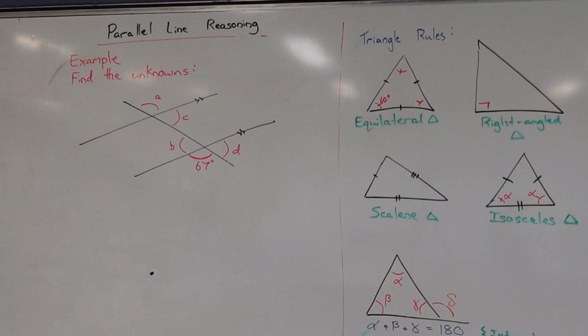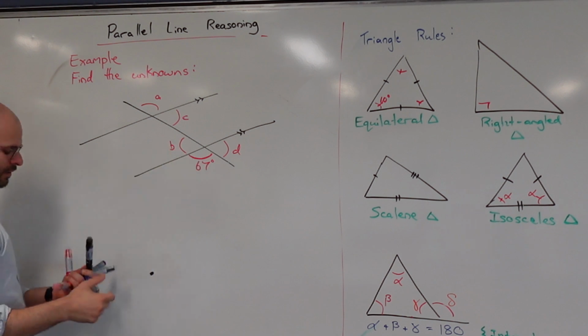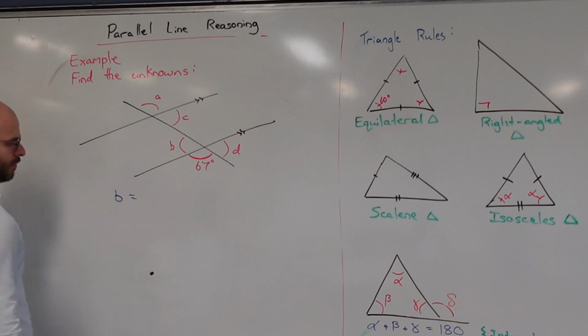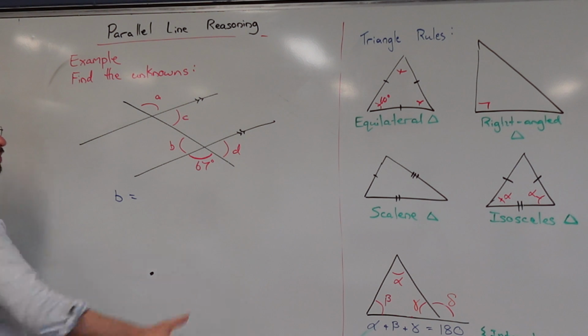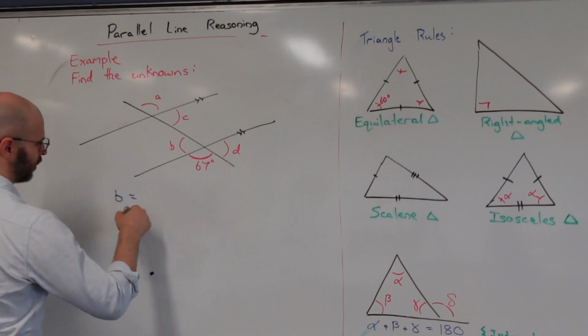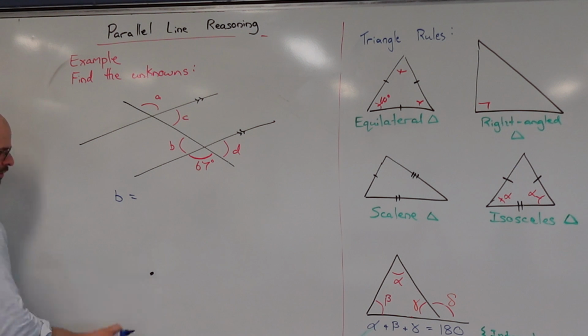Okay, what do you know? I know 67 degrees. How does 67 degrees relate to B over here? What's their relationship? Supplementary. So because of that, supplementary angles sum to give what? 180.